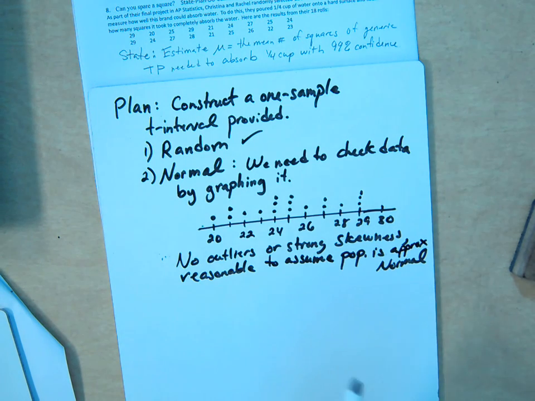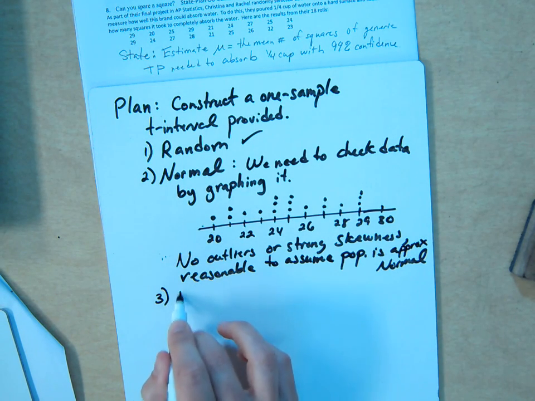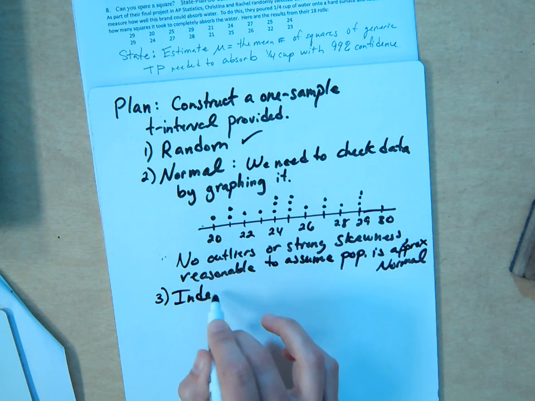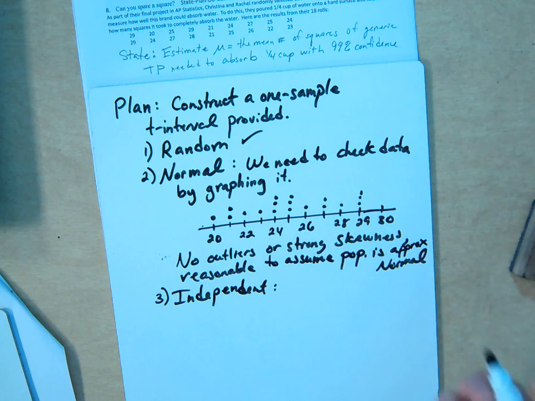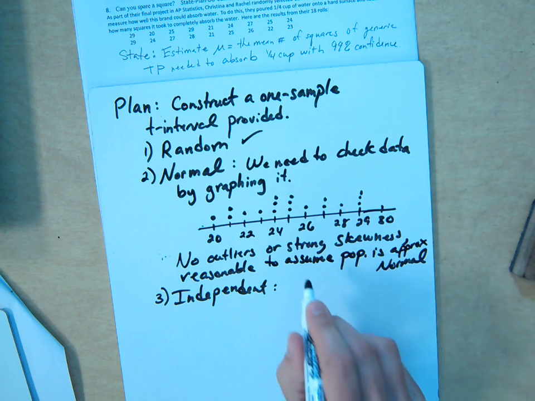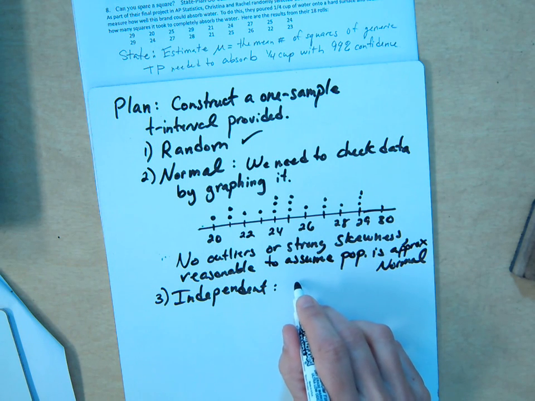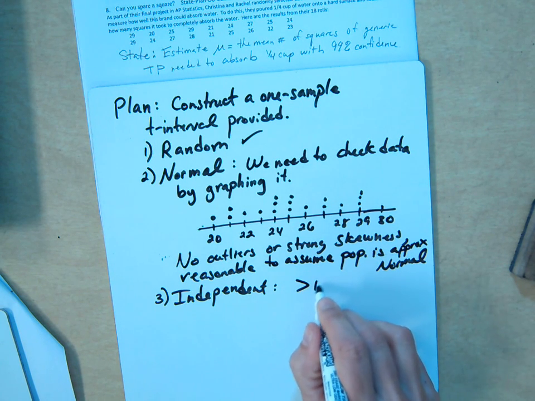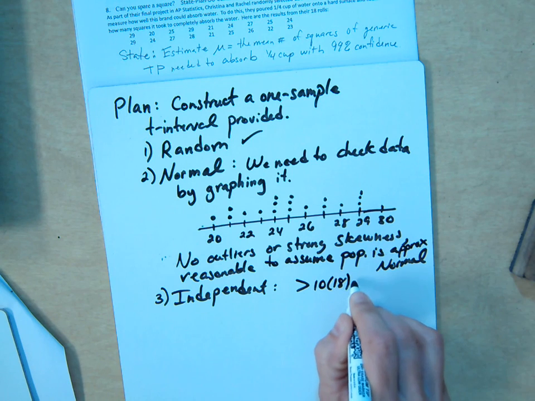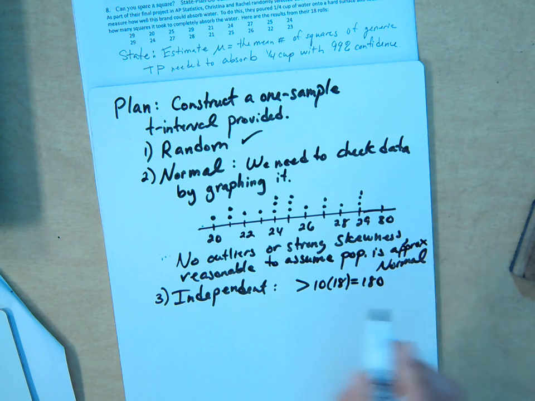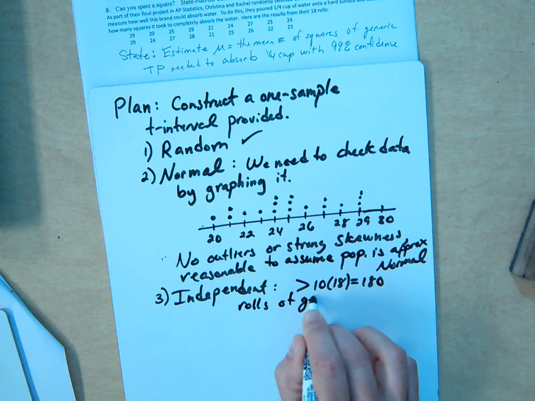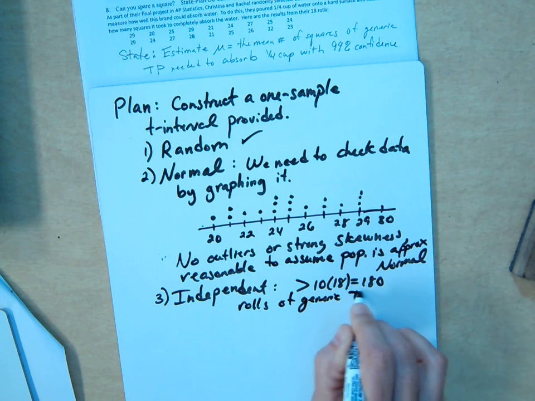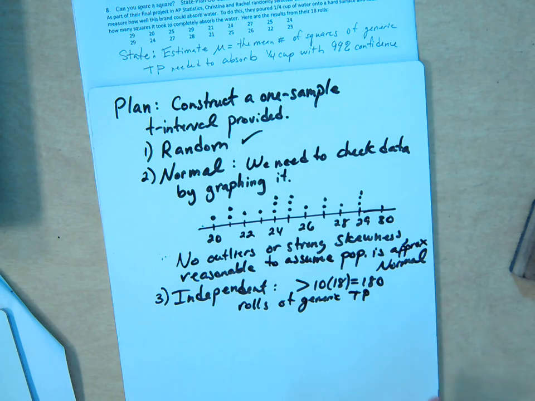Okay. And then independent, same as before. It'd be reasonable to believe there's at least 180 rolls of generic toilet paper. So we assume greater than 10 times 18, 180 rolls of generic TP.